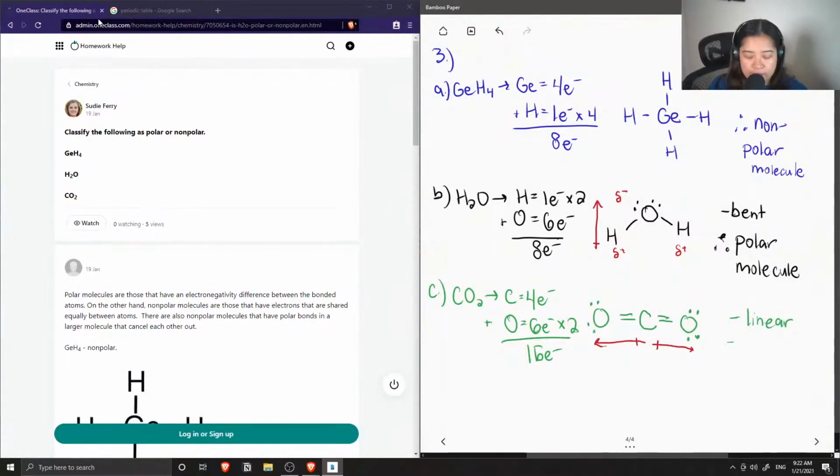These dipole moments cancel out, and when that happens, we have something called a zero net dipole moment. So therefore, we can say that CO2 is nonpolar.